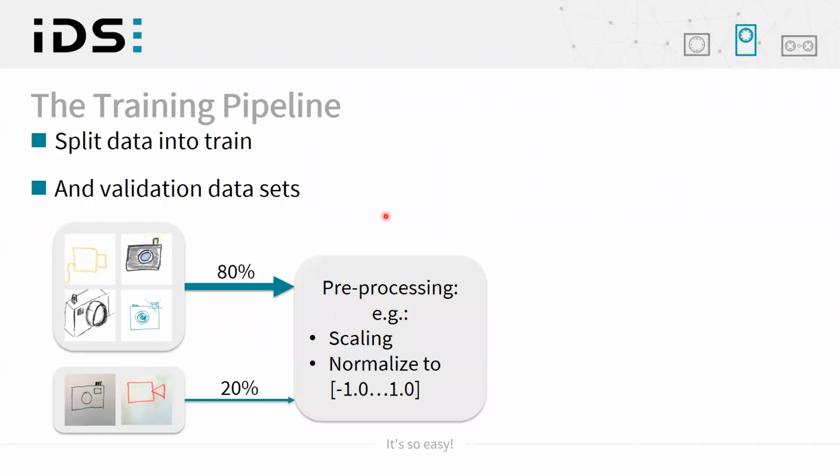Both data sets undergo pre-processing. As I mentioned before, the image resolution is scaled to fit the neural network input, and there is a normalization that transfers the number range to a range of, for example, -1 to 1 to standardize all the input data.